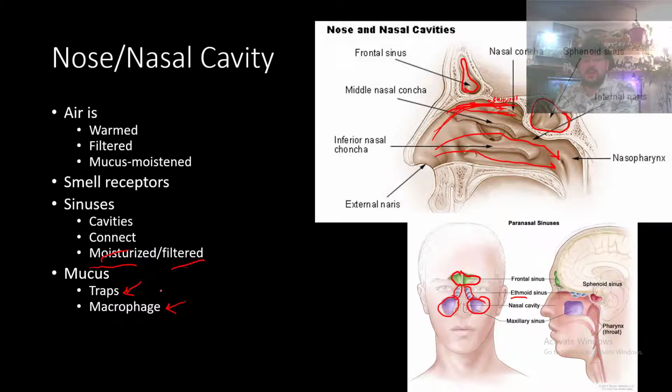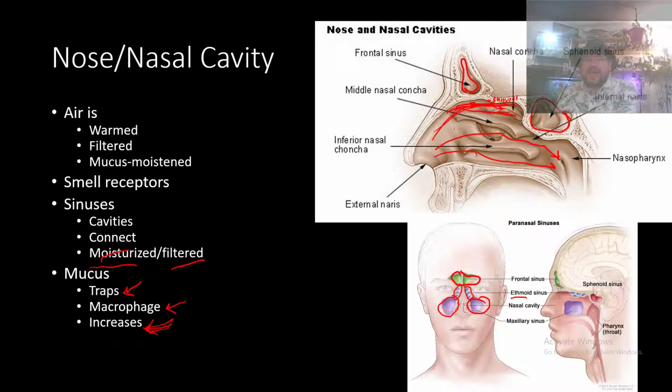So, the macrophages patrol the mucus pretty effectively and attack pathogens that happen to be in the debris. So mucus production can be increased or decreased based on exposure to particles and pathogens, right?